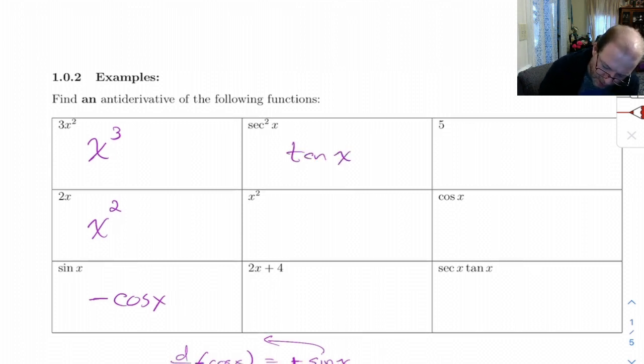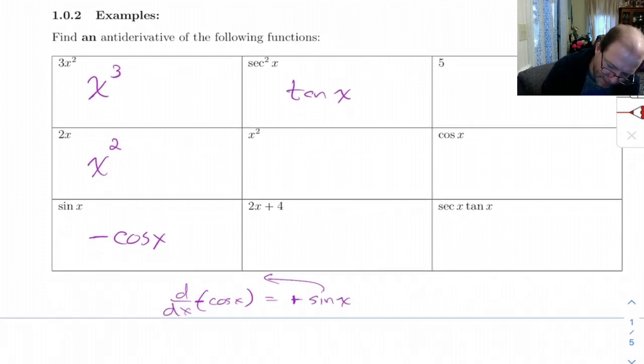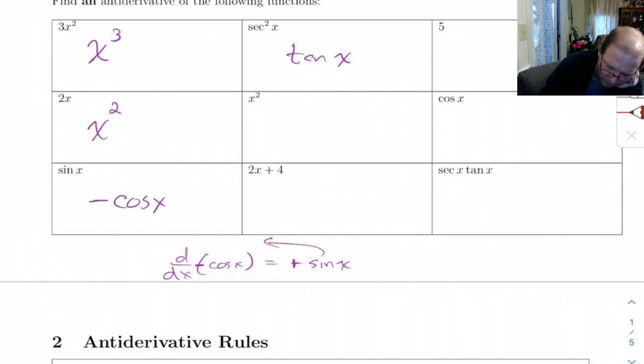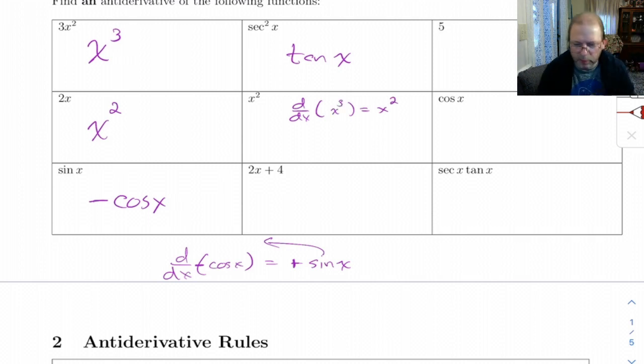All right. x squared. What is x squared the derivative of? Well, this one might be a little tricky because you have to think backwards. We're taking the derivative of something and we're supposed to get x squared out of it. Well, this would have had to have been x cubed, but that's not quite right yet.